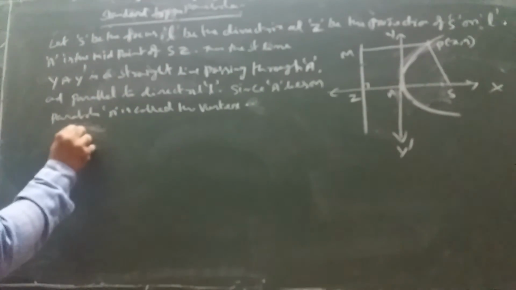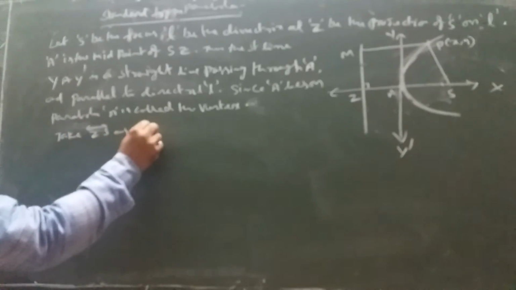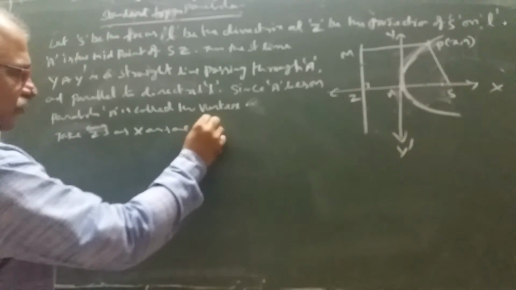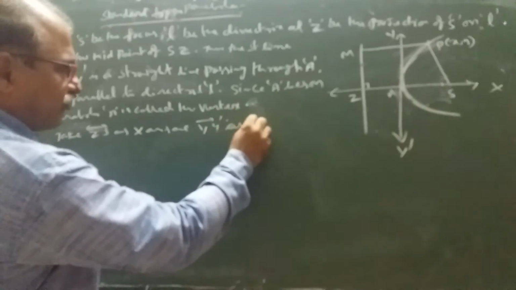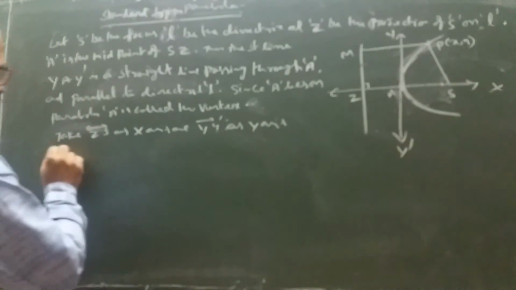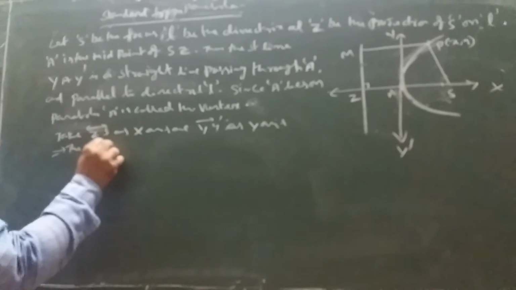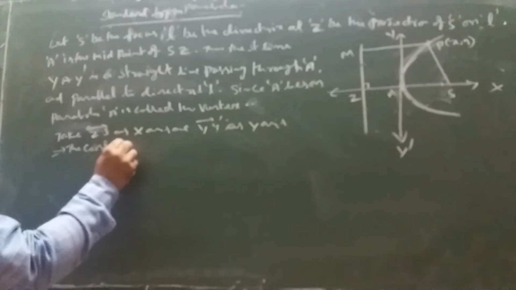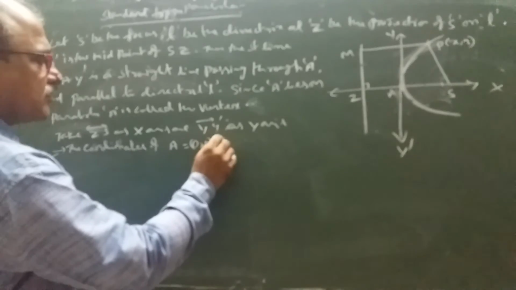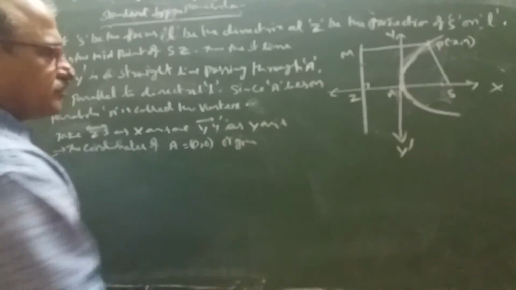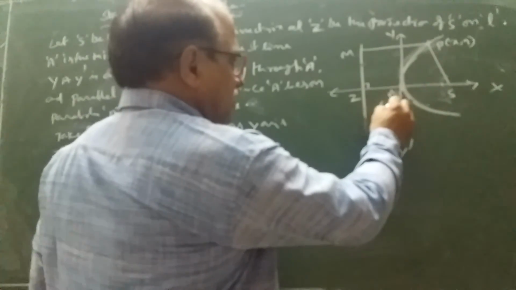Take ZS as the x-axis and YY dash as the y-axis. That implies the coordinates of A are (0, 0), since this is the origin. This is the y-axis and this is the x-axis. This is A (0, 0).